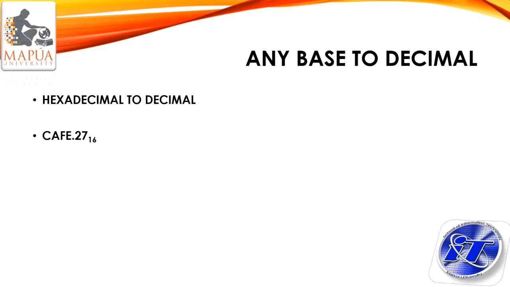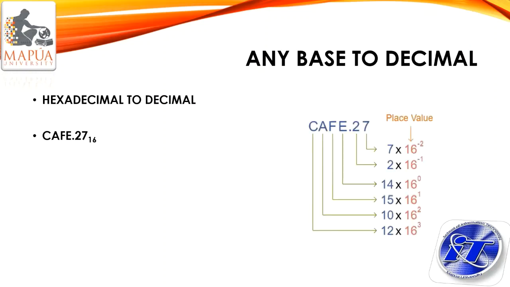So go back to this example. Locate the radix point. This is the radix point between E and 2. Therefore, E will have a positional value 16 raised to 0. Again, from right to left, it increases by 1, and from left to right, it decreases by 1. So this will be the positional value summary.